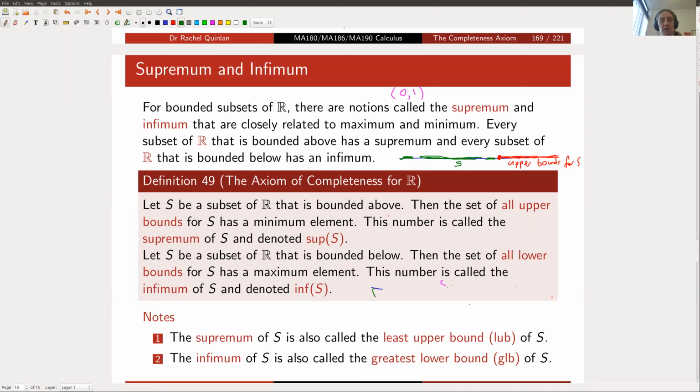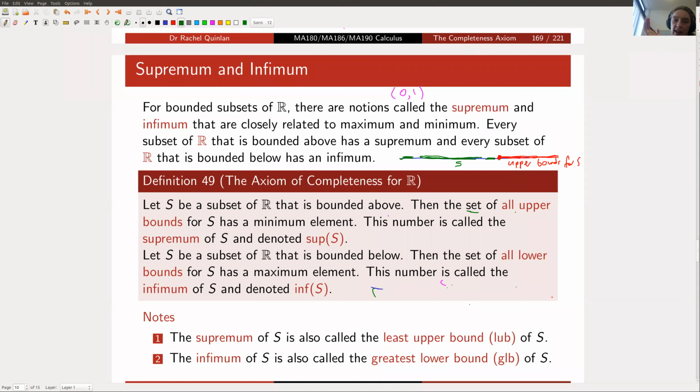This is really a terrible picture. I'm sorry for that. The assertion is that if you look at the set of all upper bounds for S, these points colored red, then associated to any set that's bounded above, you have the set of all its upper bounds. Anything that's an upper bound for S goes into this set. An element is in the set of all upper bounds for S if there are no green points to its right.